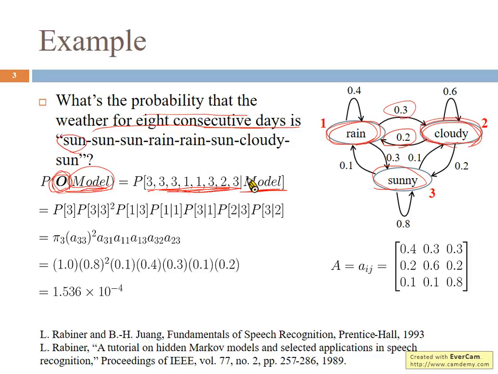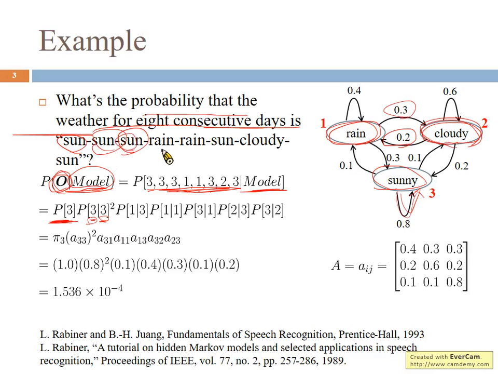Originally it's sun, so the probability of state 3, and then the second day is also sun, and then again sun. So the probability of sunny changing to sunny is 0.8, and so on.